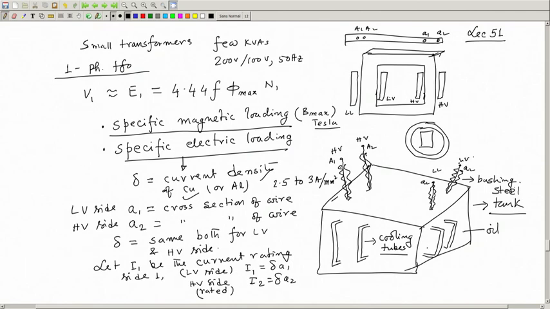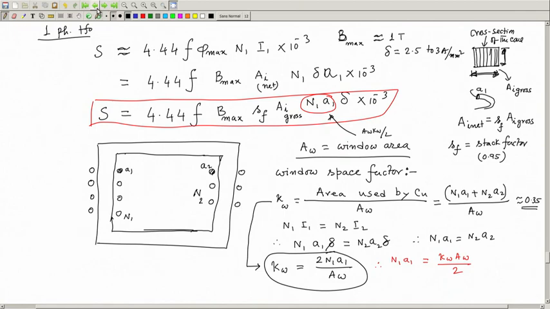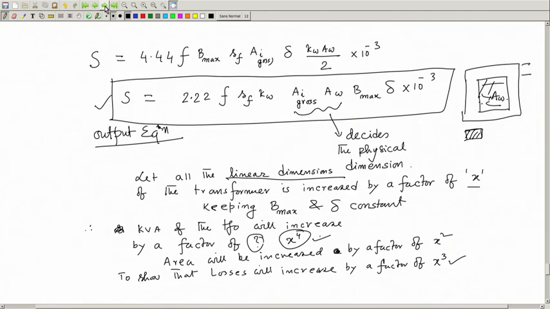You can easily make out which one is HV. If the insulation level is more, that is HV, and this is the LV side. LV side thicker conductors. Okay. Anyway, so it is immersed in oil. So, this is called oil natural cooled here.